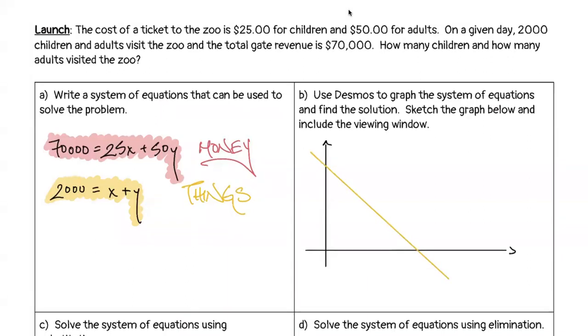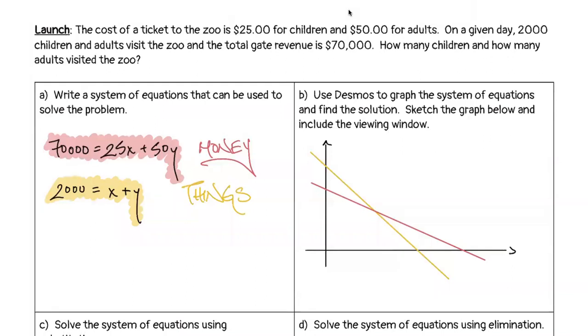Okay. In particular, that would be the number of people that are going to the zoo in terms of children and adults. And then there should be a second line that looks like this. And this one would correspond to the money, whatever people paid to go to the zoo.